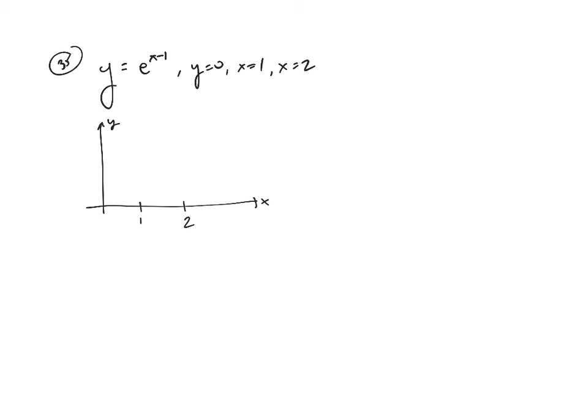I'm just going to find those function values. f of 1 is going to be 1, and then f of 2 is going to be e. So we're increasing because e is around 2.7. And I'm going to curve it because it's exponential. And that's our region, about the x-axis.